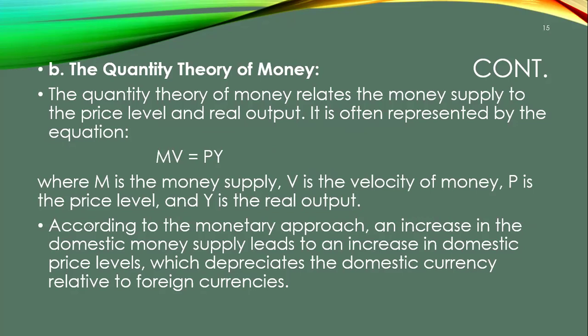It is often presented by the equation MV equals PY, where M is money supply, V is the velocity of money, P is the price level, and Y is the real output. According to the monetary approach, an increase in domestic money supply leads to an increase in domestic price levels, which depreciates the domestic currency relative to the foreign currency.